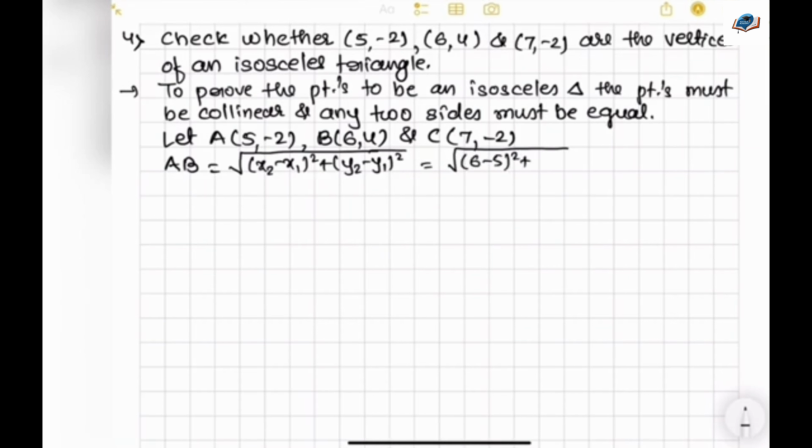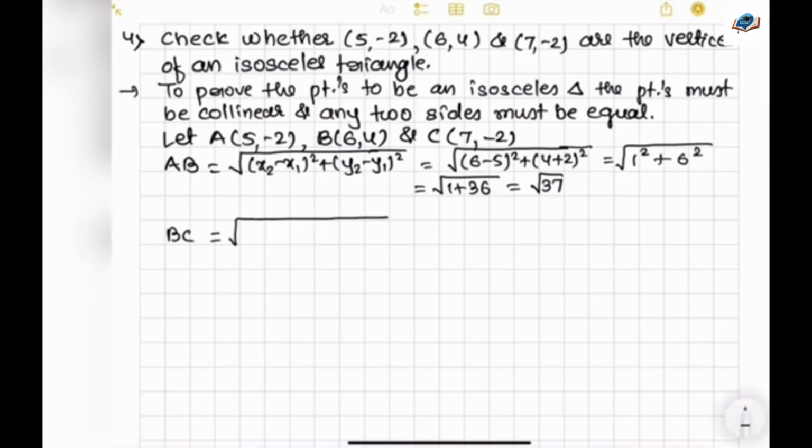So that will be 6 minus 5 whole square plus 4 minus of minus, means plus 2. 6 minus 5 will be 1 and 4 plus 2 is 6. So this will be 1 plus 36, that is root 37.